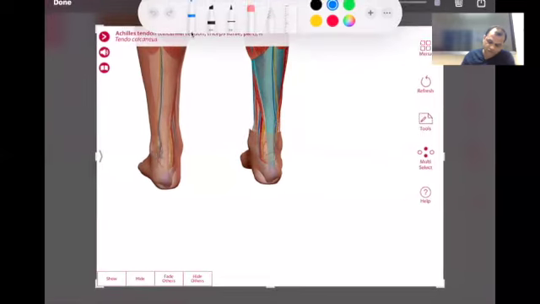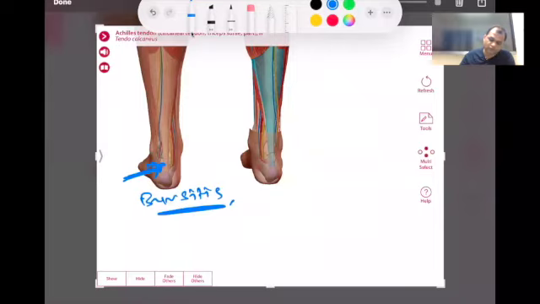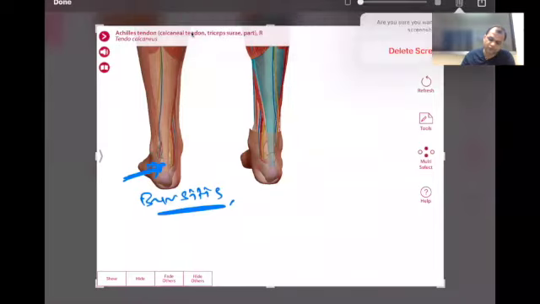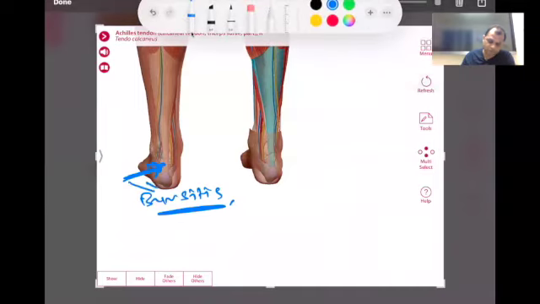If you are pressing here, here is paining. So this is bursitis. Even in the bursitis, pain may be a little downward.